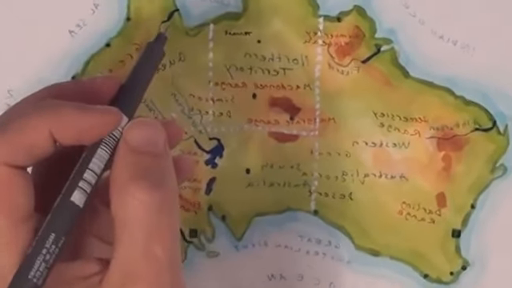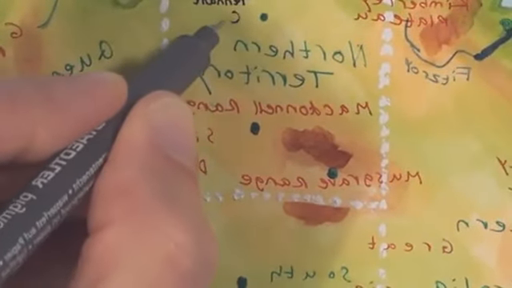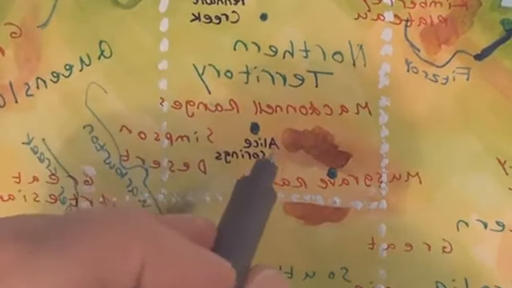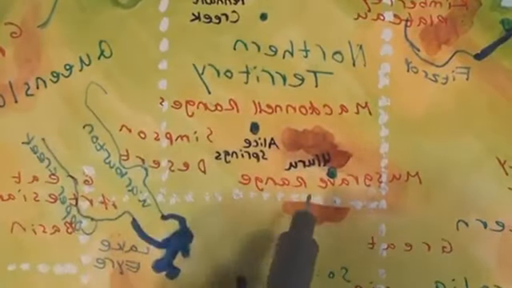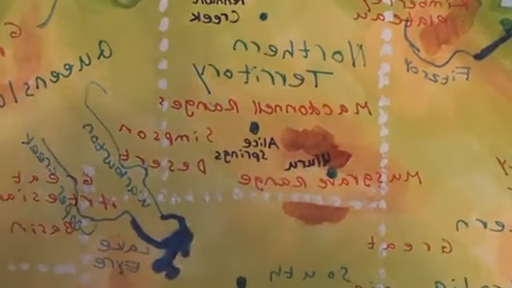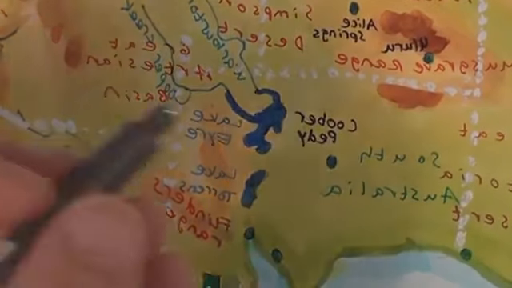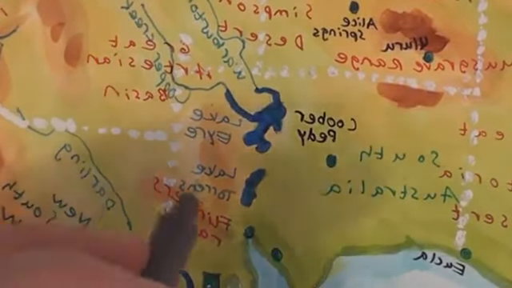Let's zoom in a bit. Alice Springs. Uluru. It's not exactly a city, but a formation. Eucla. Cowell.